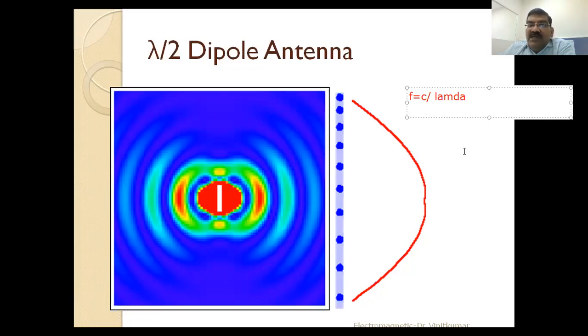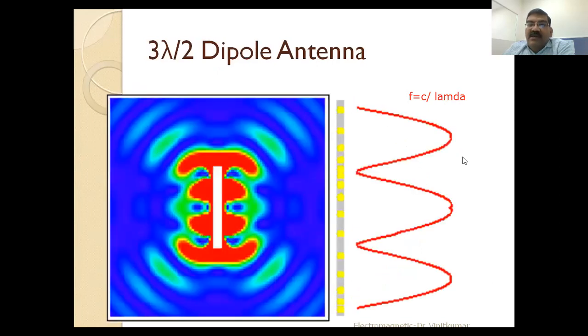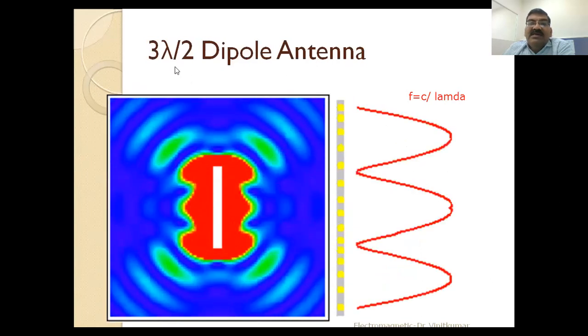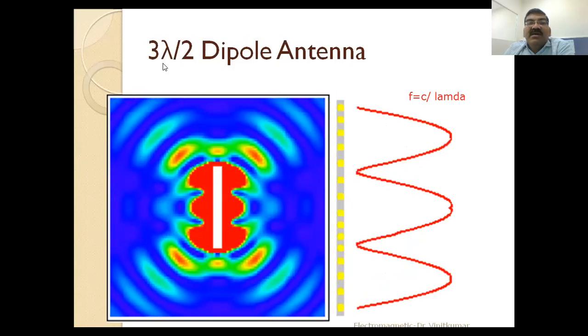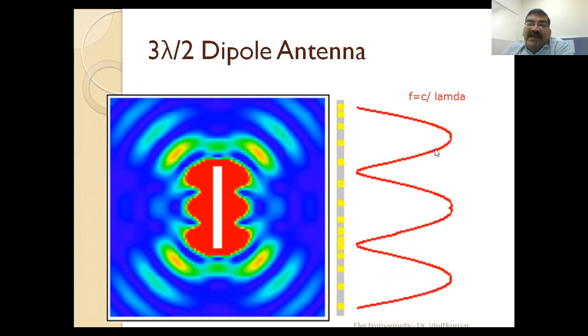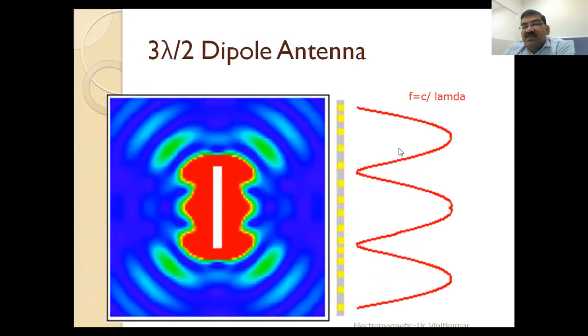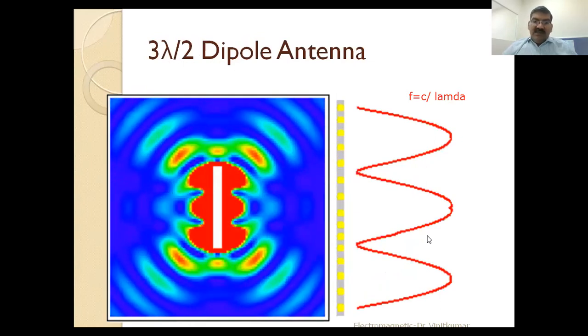Now, I'll go further. This is your lambda, and here this is the 3 lambda by 2 dipole antenna. Now, what is the 3 lambda by 2 dipole antenna? There are 1, 2, 3 waveforms here.